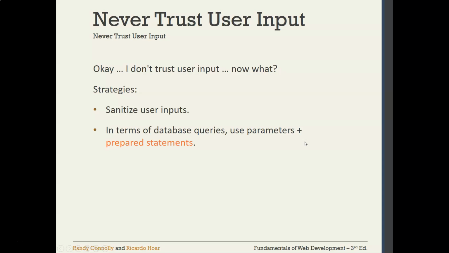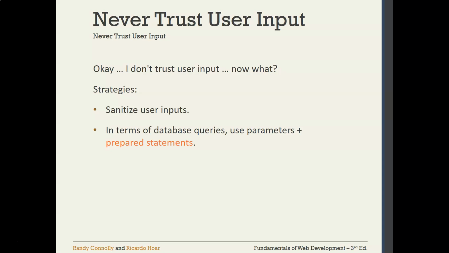Okay, you might be saying to yourself, I don't trust user input. Now what? Well, two main strategies. The first is sanitizing user inputs. That can be quite tricky, and there's lots of funky workarounds that people will make to try to bypass sanitization efforts.